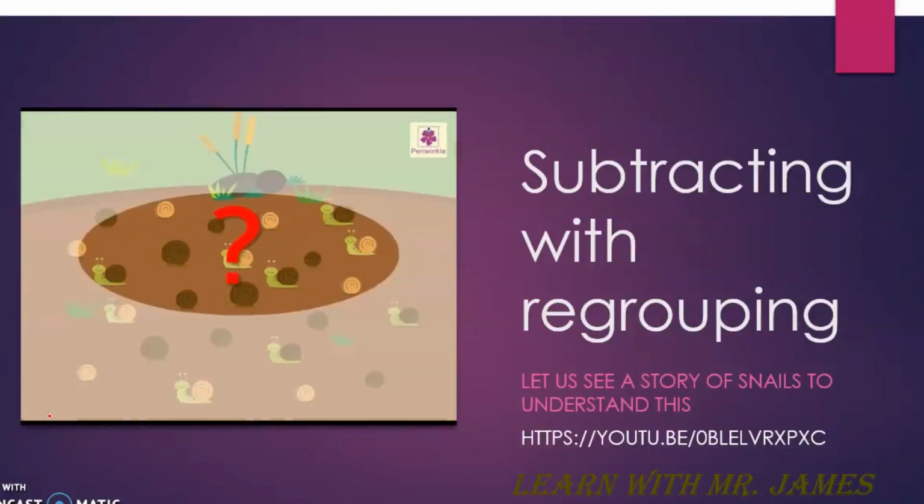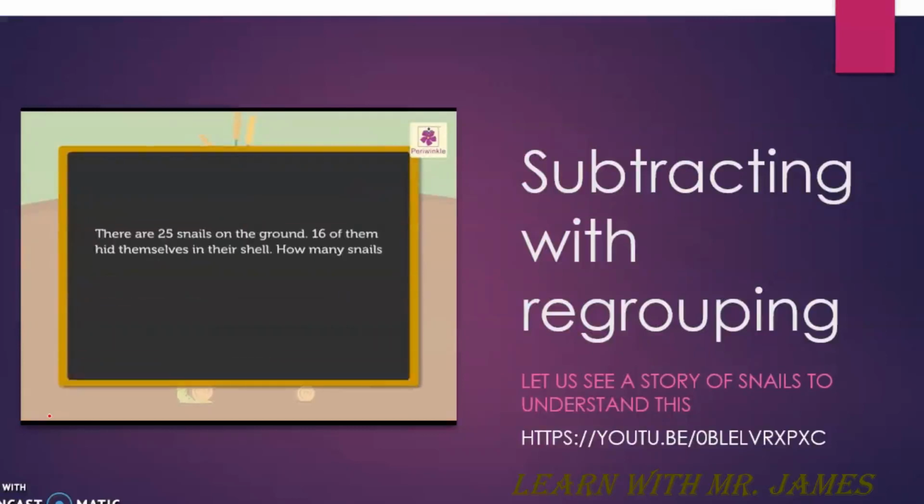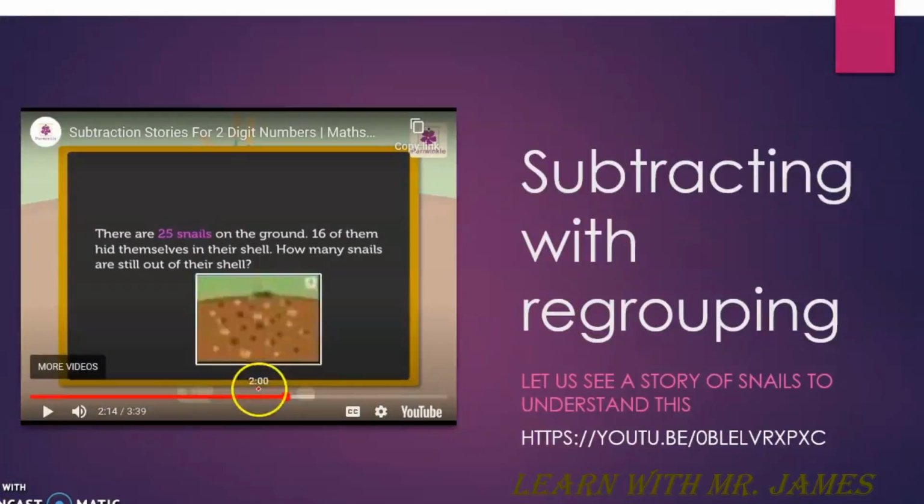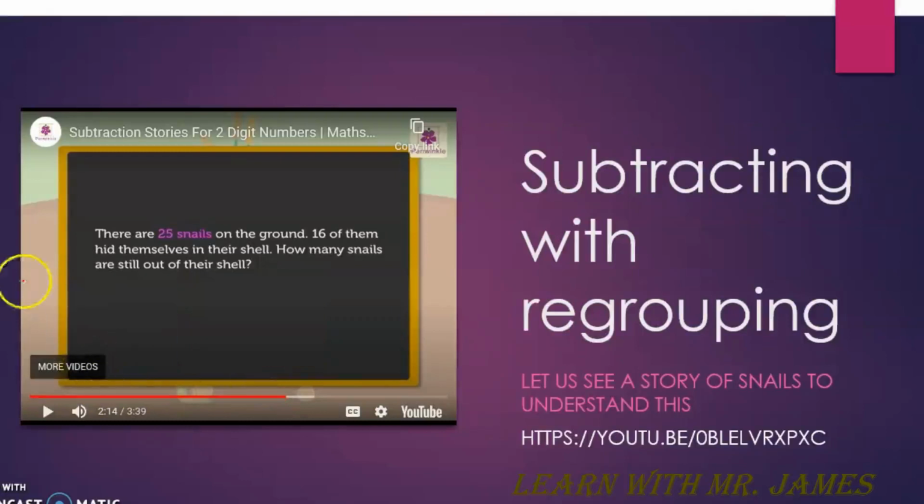Now let us find how many snails are still out of their shell. What information we have and what we have to find out. There are 25 snails on the ground and 16 of them hid themselves in their shell. How many snails are still out of their shell?